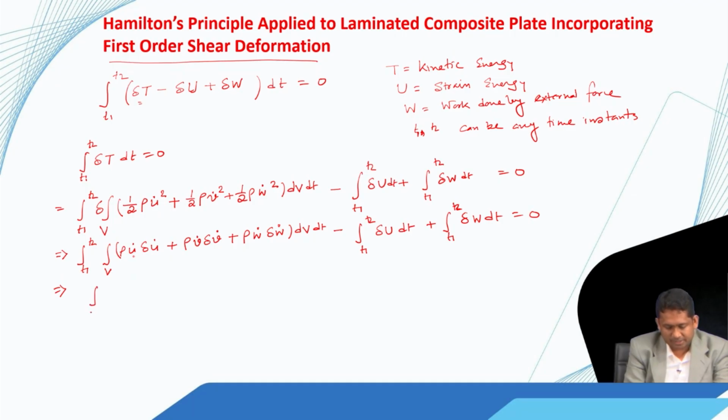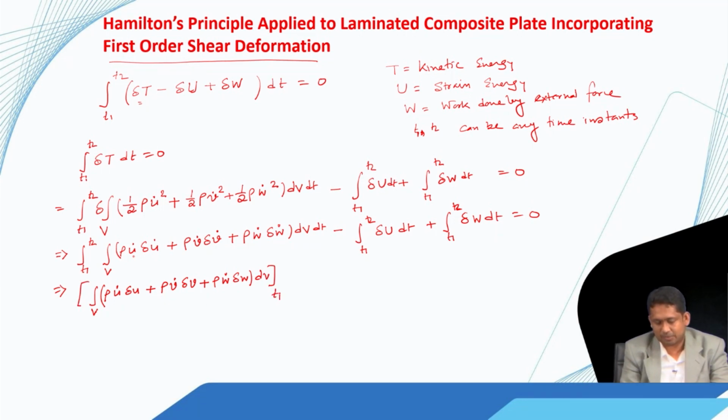So, what we do here is we write the volume integral, where the integrand is rho u dot delta u plus rho v dot delta v plus rho w dot delta w, and this thing is evaluated at time instants t1 and t2, the end time instants.